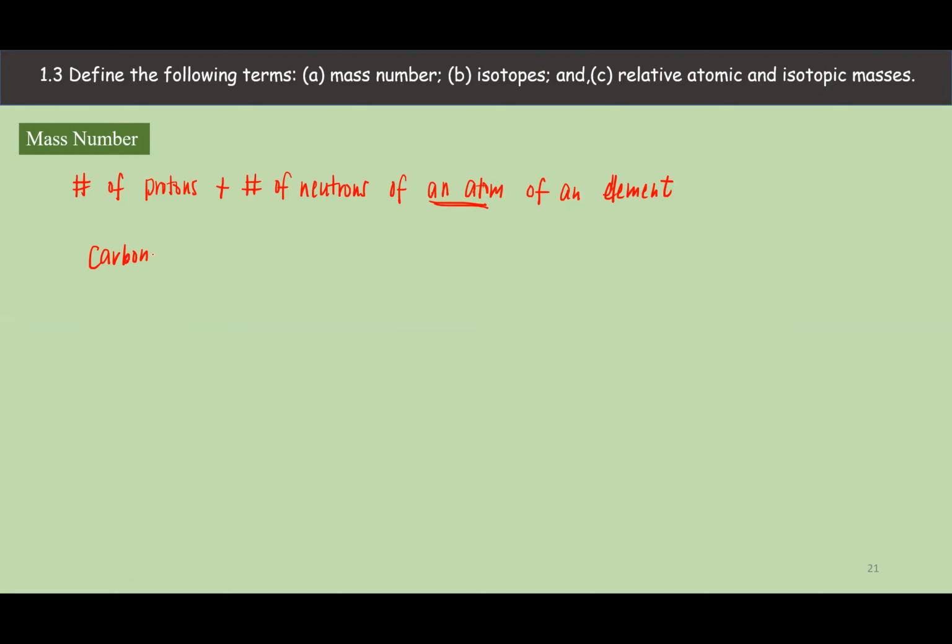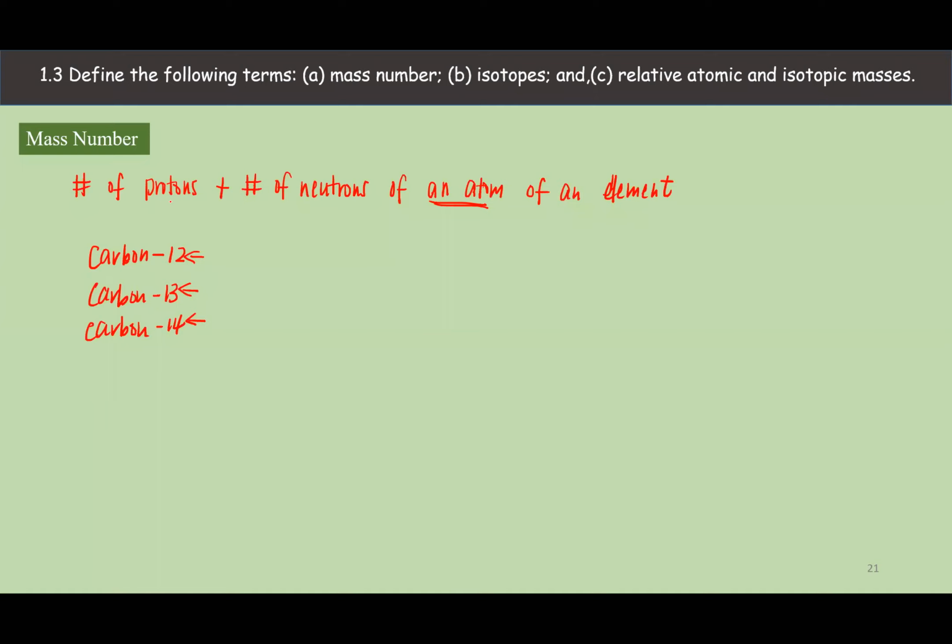Carbon comes as carbon 12, carbon 13, and carbon 14. And so when I say what is the mass number of carbon, you're supposed to ask me, sir, do you want the mass number of carbon 12, carbon 13, or carbon 14? Respectively, the mass number of carbon 12 is 12, carbon 13 is 13, and carbon 14 is 14.